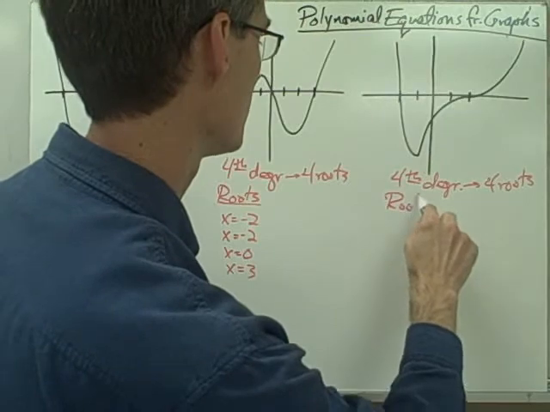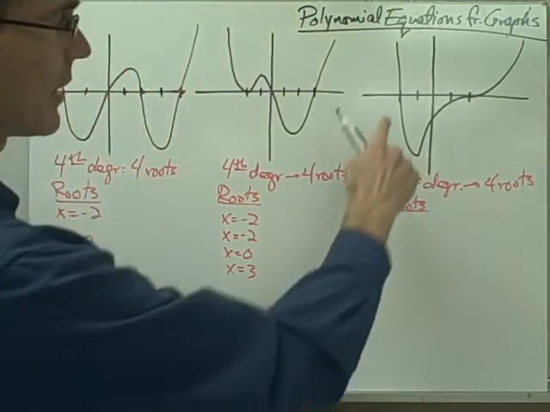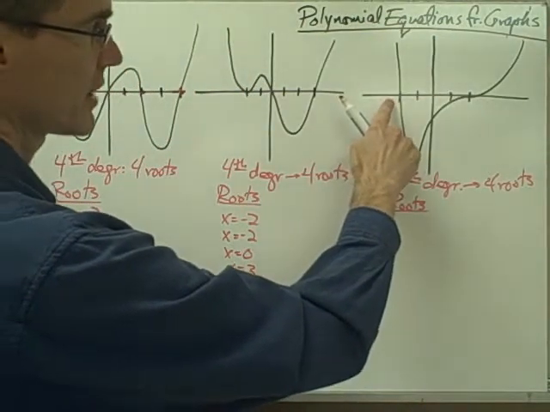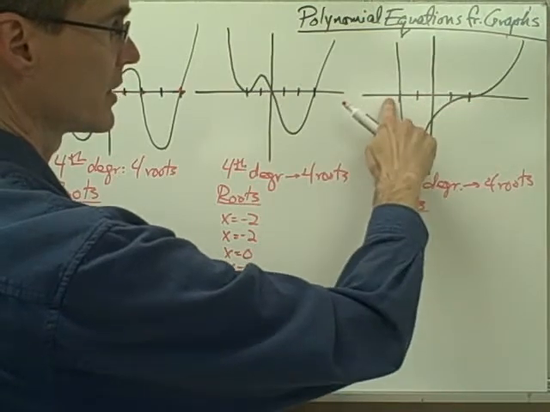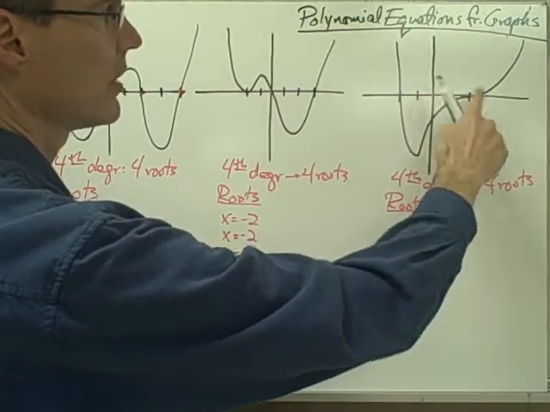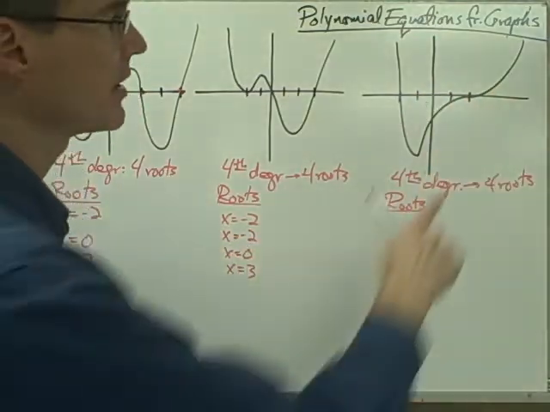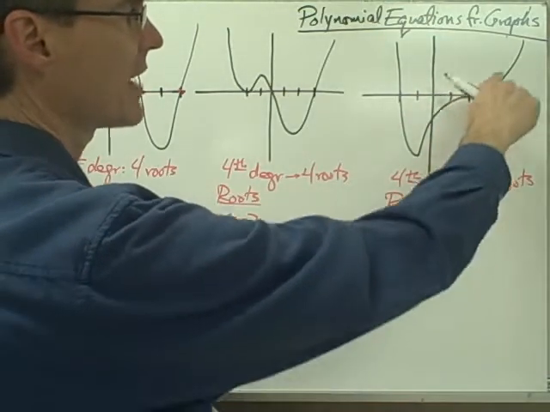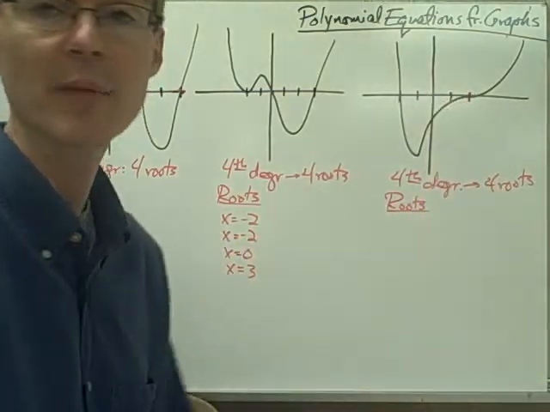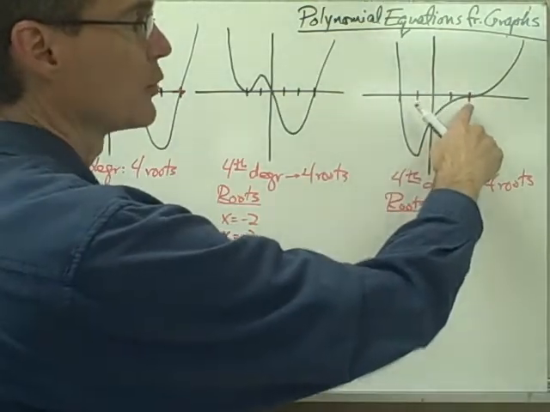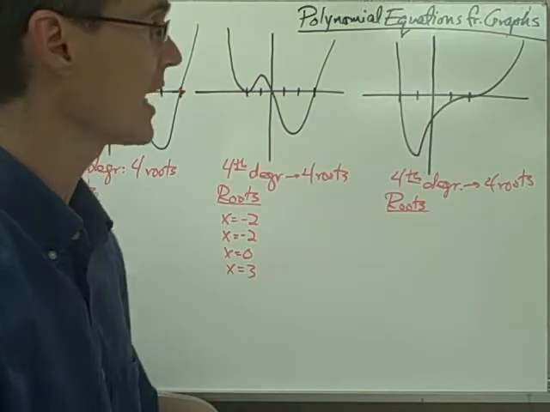And for this one, my roots. All right, now in this one, at first glance, it looks like I've only got 2 roots because it only crosses here and here. But once again, I remember that since I've got this flattened area on my graph right here, and anytime I've got a flattened area at one of my roots, that means I've got a root that is repeated an odd number of times.